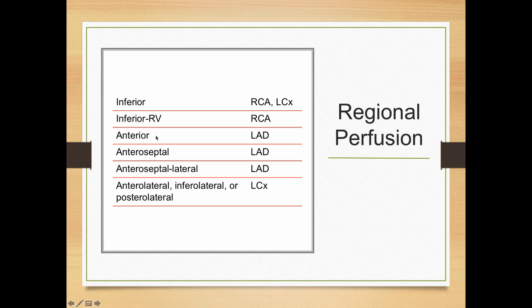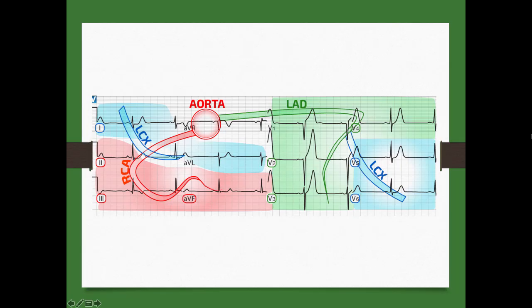Our anterior, going to anterior septal, into anterior lateral, left anterior descending artery, and then going into our posterior, inferior, laterals, maybe a little bit of our left circumflex. This is all patient specific because we all have different anatomies, but typically, so here for you visual people, inferior typically RCA.